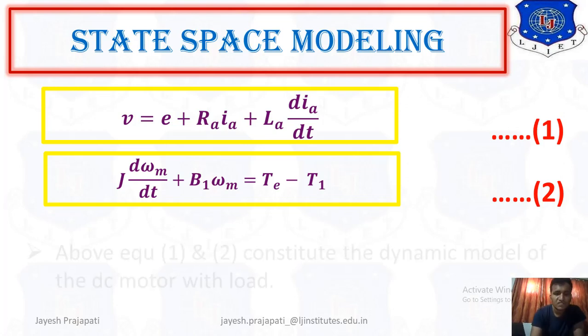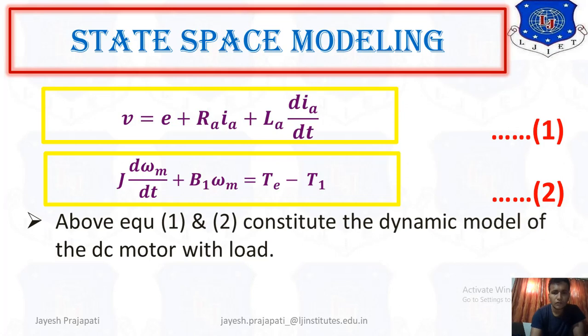Above equations 1 and 2 constitute the dynamic model of the DC motor with the load. The first is the simple voltage equation, and the second is the modeling equation. These two equations give the dynamic model of the DC machine.